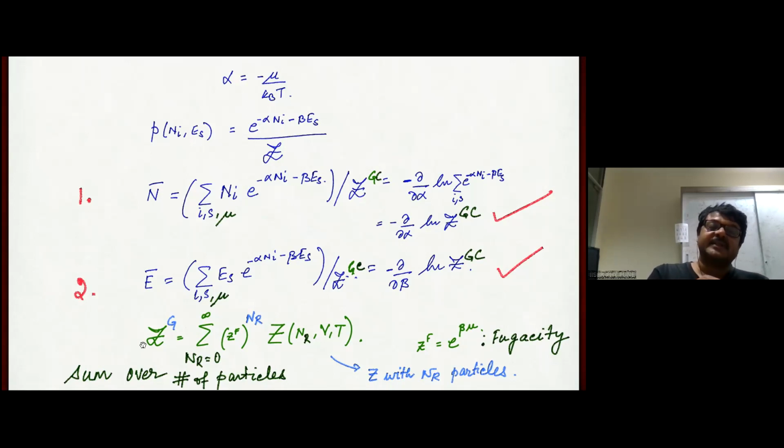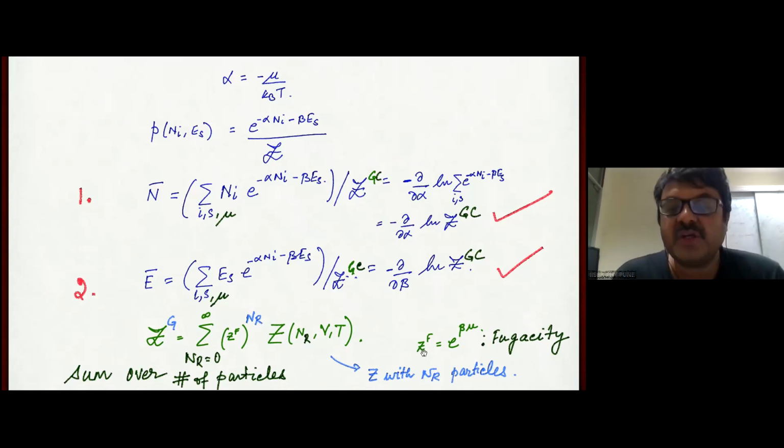So the grand canonical partition function can be written as a sum over N_r from 0 to infinity of Z_F. I'm writing Z_F now, later I write it as curly Z only. Z_F is e to the power beta mu. So what is happening here? You have a sum over N_r where the number of particles is changing. So I'm just writing that as z to the power N_r, where z is e to the power beta mu, or equivalently e to the power minus alpha, into N_r.